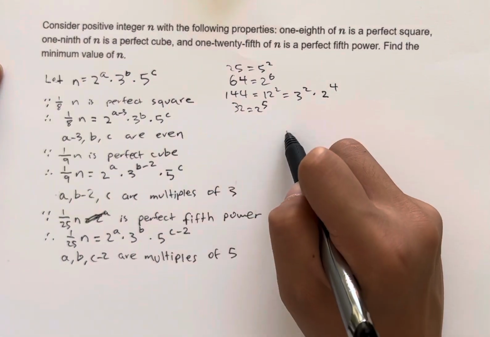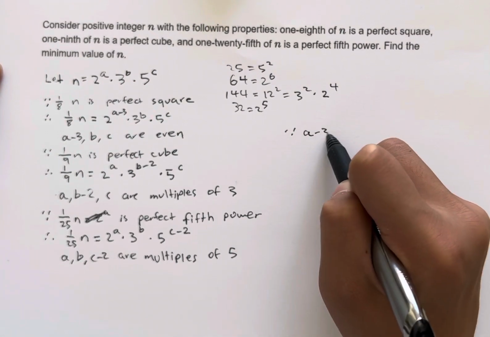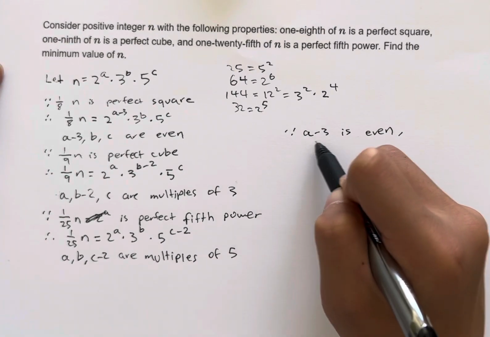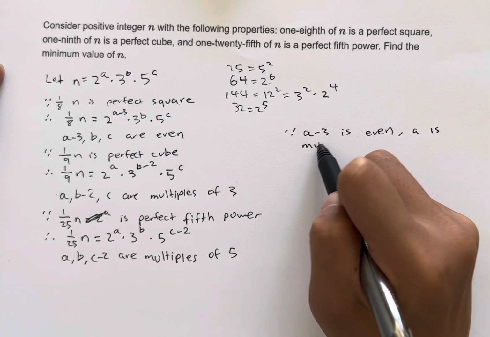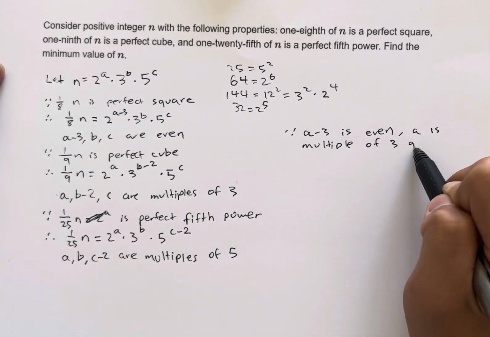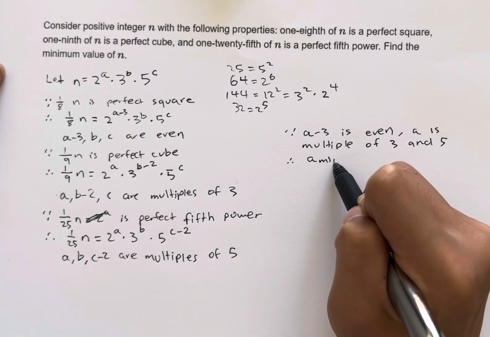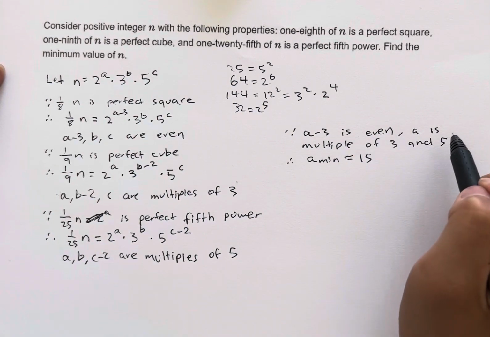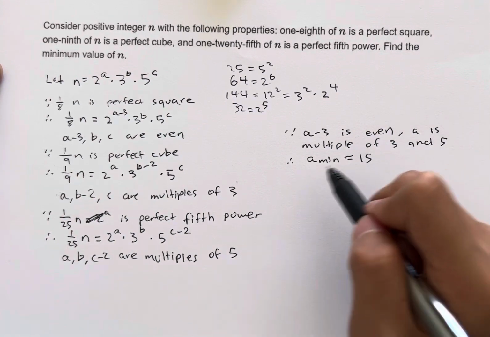Okay, I'm going to write it here. Since a minus 3 is even, and a is a multiple of 3 and 5, a minimum is going to be 15, since the LCM of 3 and 5 is 15, and 15 minus 3 is 12 and it's even, so this works.